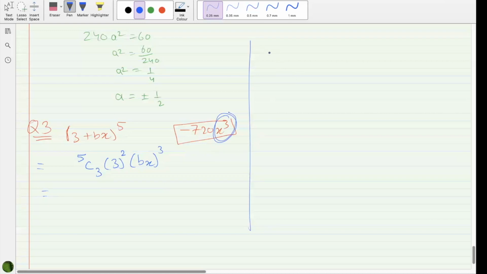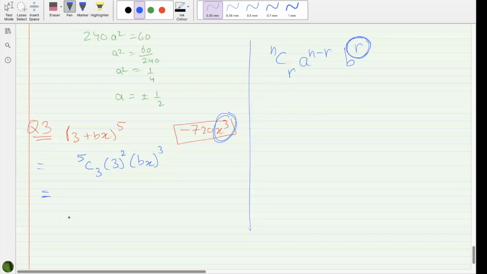The general form is nCr a raised to n minus r, b raised to r. So we knew when this would be 3, only then we will get x cube. So we directly wrote this. In case where we won't be knowing it, there are two ways: either we expand all the terms, or we do it directly by comparison. We'll come to it soon.